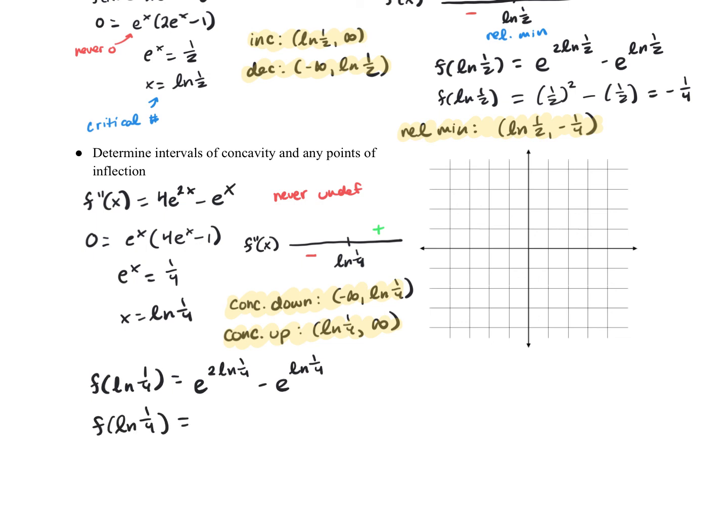So remember here, e to the power of natural log of 1/4 is just 1/4, but we still need to square it. Here, this is just 1/4. So we have 1/16 minus 1/4, so that gives us negative 3/16. So our point of inflection is natural log of 1/4, negative 3/16.